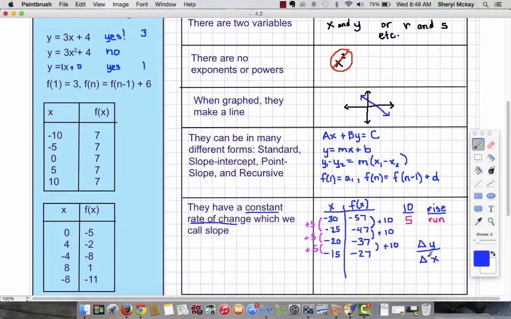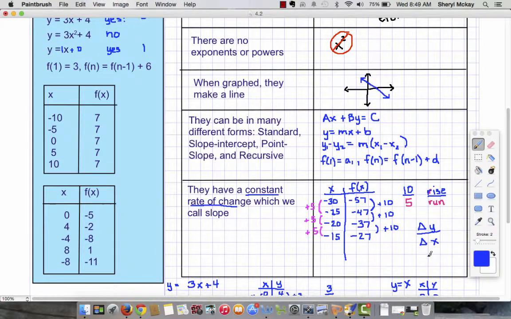Now try this one. F of 1 equals 3. F of n equals f of n minus 1 plus 6. Decide if that's a linear function or not, and if it is, what is the constant rate of change? Well, this one might have tricked you up a little bit because this is a recursive formula, but we can do the same thing that we've done before.